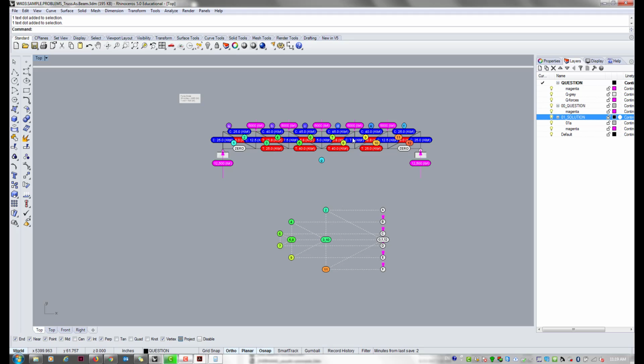If you don't remember, the easiest way to remember what the moment diagram should look like is to take this loading pattern and imagine a cable with the same exact loading pattern and what that cable does.